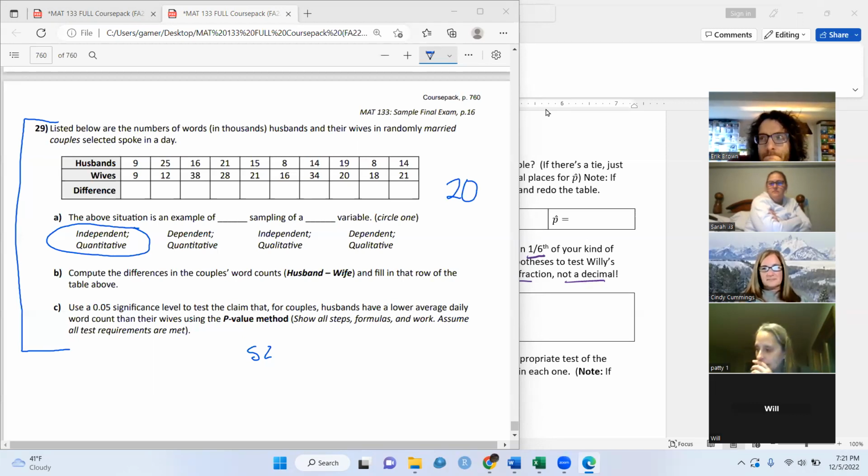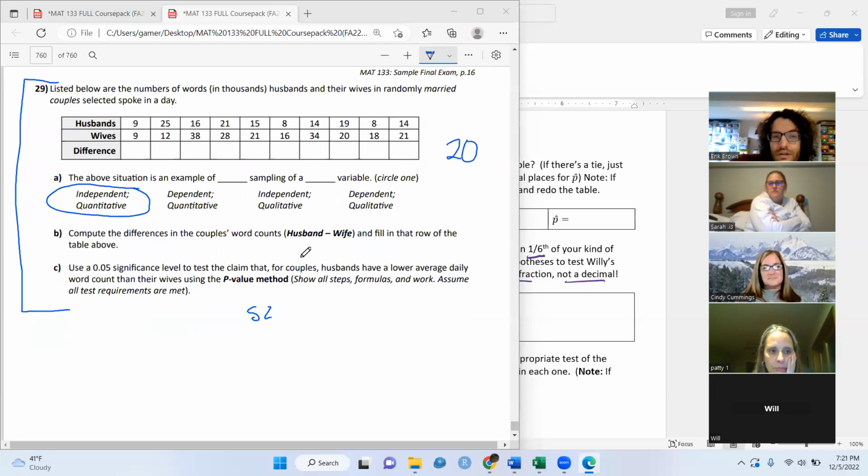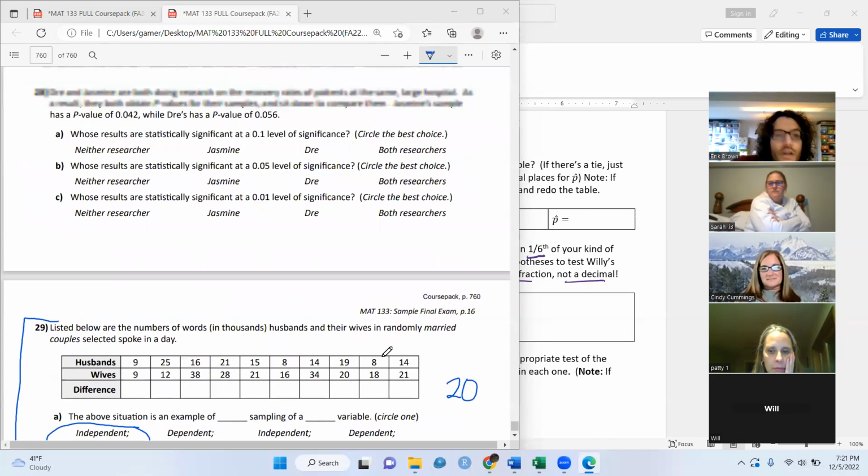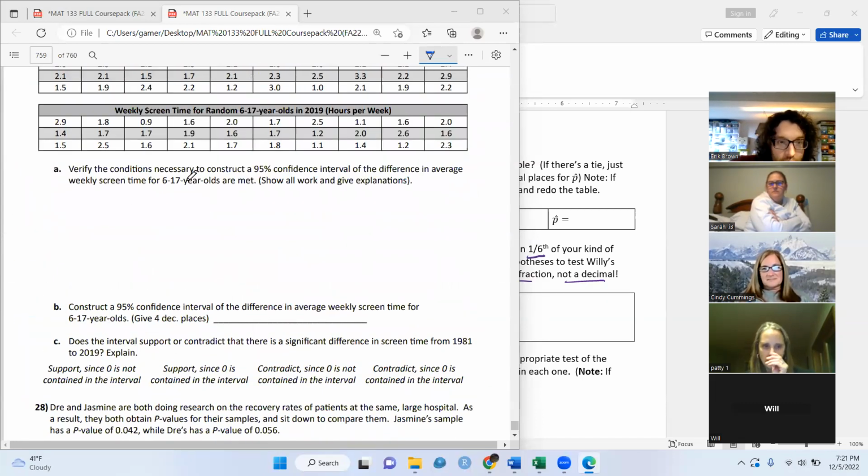I would imagine however long you took on the midterm, maybe add another 30 minutes, but maybe not, because if you're really good at these hypothesis tests, that's a whole page, bam, done. And there's 2 of them. And if you don't need to take time to construct a confidence interval, or verify the conditions is just C1, C2, C3, C4, you might just be able to knock it out.